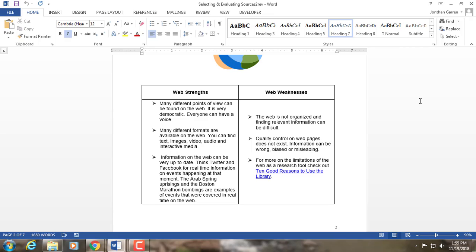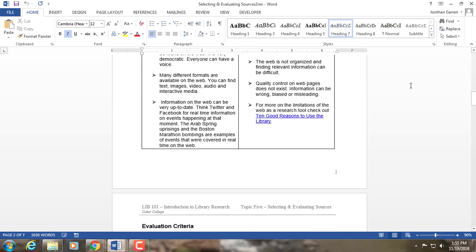Right, so it's very crucial to understand how to evaluate this and how to select proper information sources and proper information. That's what we're going to be looking at here as we start to evaluate different strengths and weaknesses related to website information and website resources.